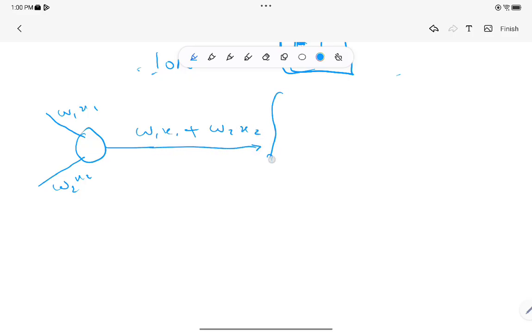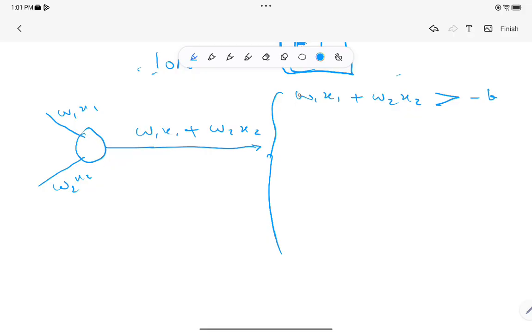And then, if this sum w1 x1 plus w2 x2 is greater than the threshold, let us denote the threshold by minus b, then the neuron will switch on.